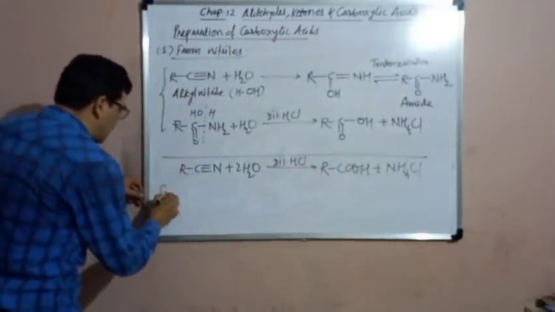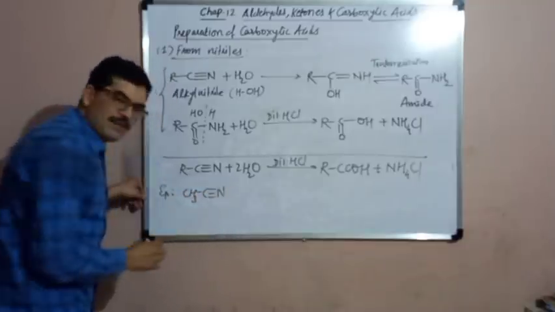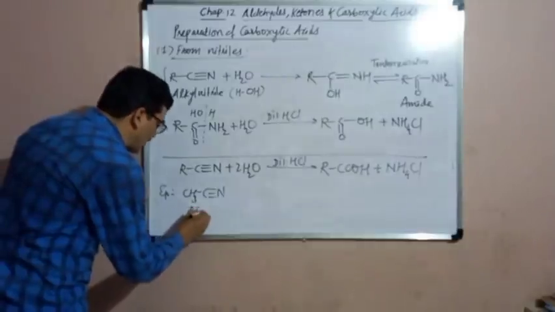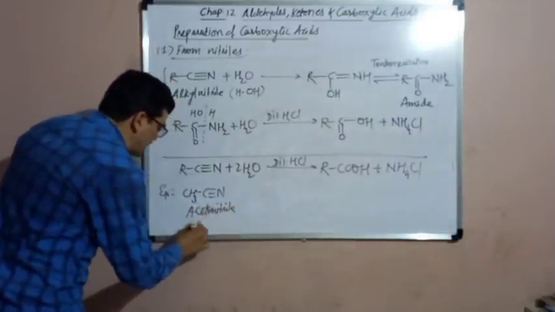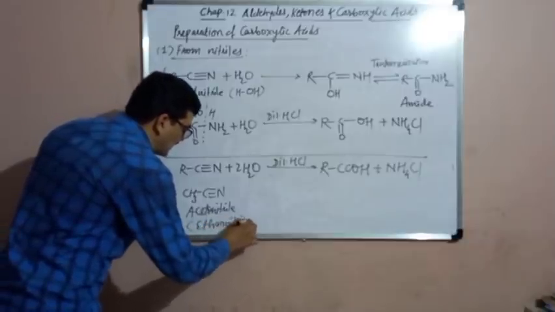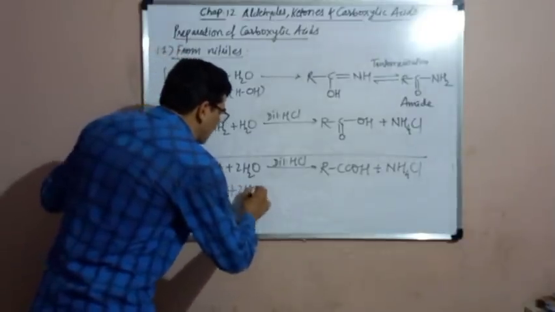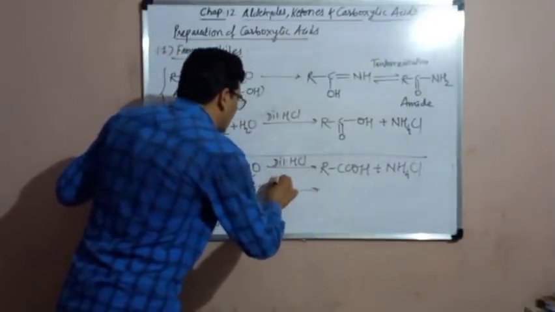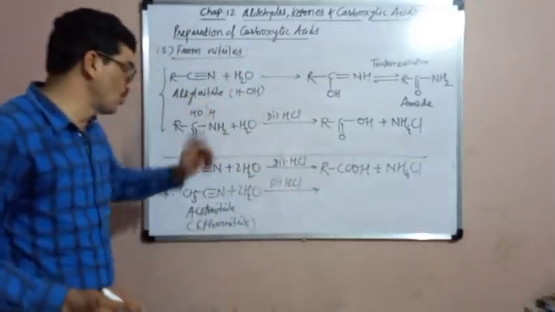We can take the example CH3CN. The name of the nitrile is acetonitrile. Acetonitrile has the IUPAC name ethane nitrile. When this ethane nitrile is hydrolyzed by dilute HCl, dilute acid, we can use dilute sulfuric acid also.